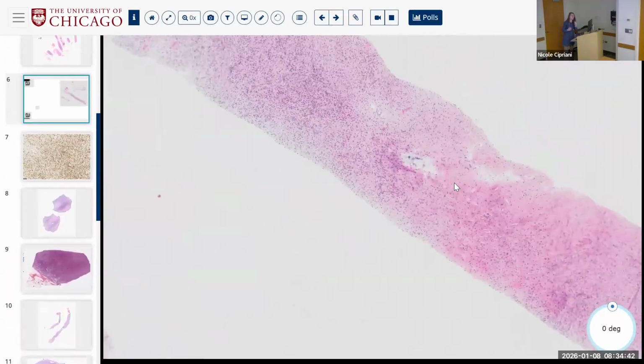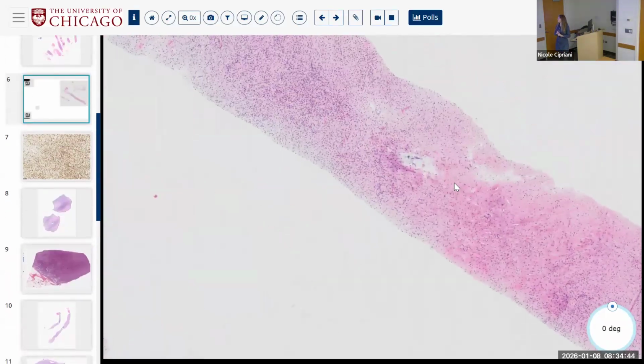Especially in a younger person in their 20s or 30s, when your differential is whether this is a cellular benign thing or a low-grade sarcoma, think about LGFMS, low-grade fibromyxoid sarcoma.